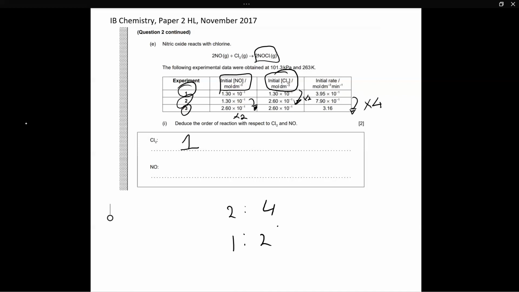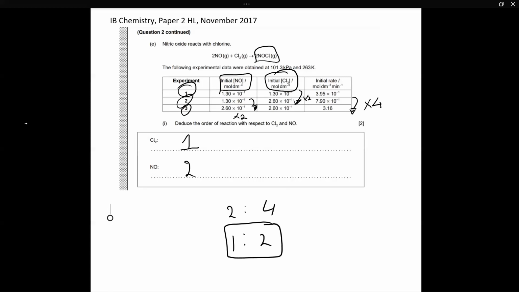I hope this is making sense to you. What I mean to say is that however you change nitric oxide, the initial rate will change double of that, provided that the chlorine gas concentration remains constant. So that's why we call such a reaction a second order reaction, because the effect of the change in concentration of one reactant on the initial rate is double of what we have actually done to it.